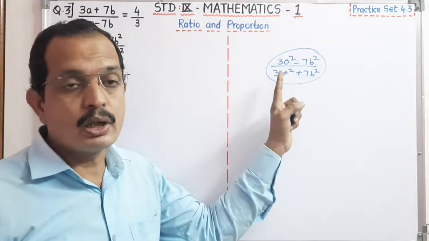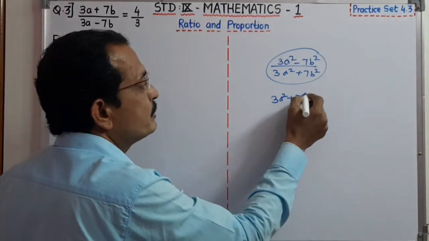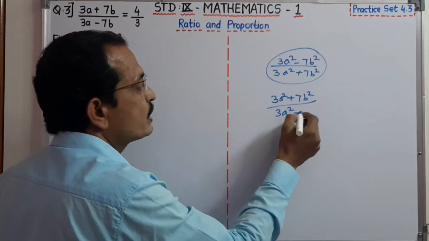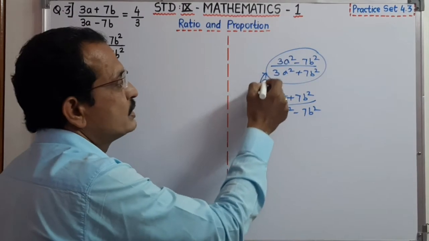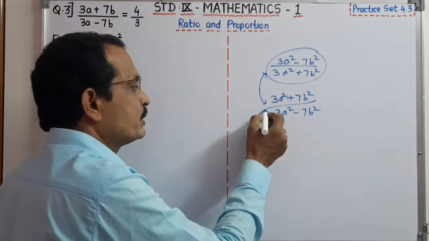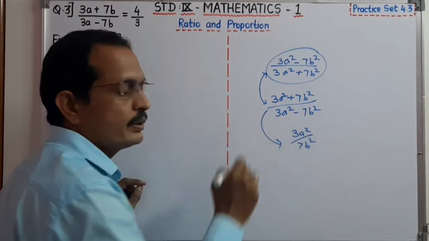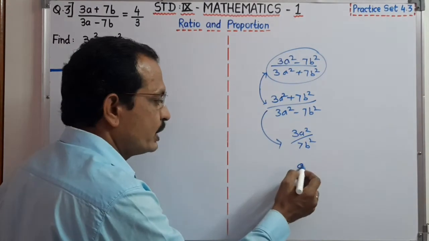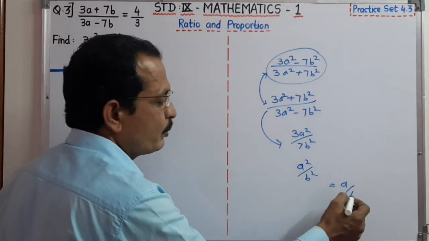It is the invertendo of what? 3a square plus 7b square upon 3a square minus 7b square. That means for getting the value of this, we have to find out first of all this. For that purpose, we required 3a square upon 7b square. And for this, we required a square upon b square. And for this, we required a upon b.